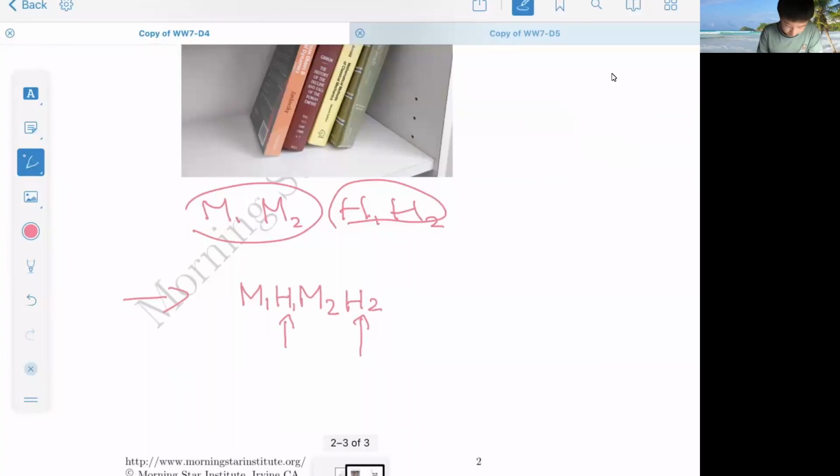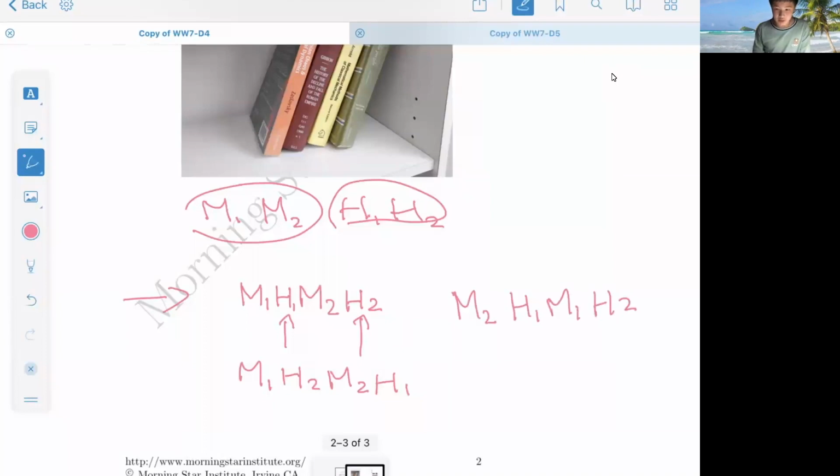The history can also switch places. So this is also a choice. So now we can switch the math because M1 and M2 are different. So M2 goes first, and then H1, M1, and H2.